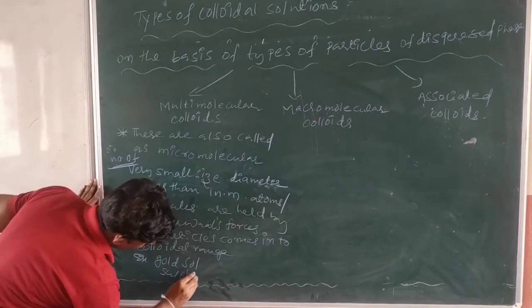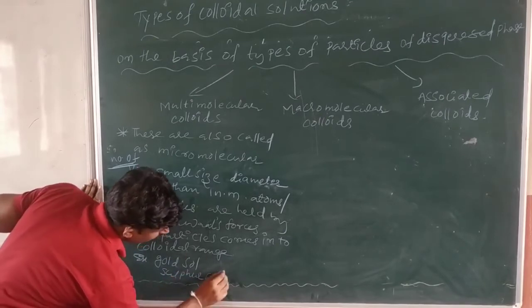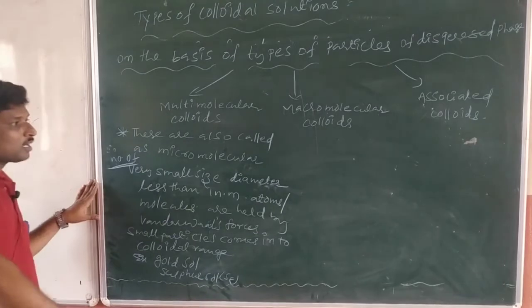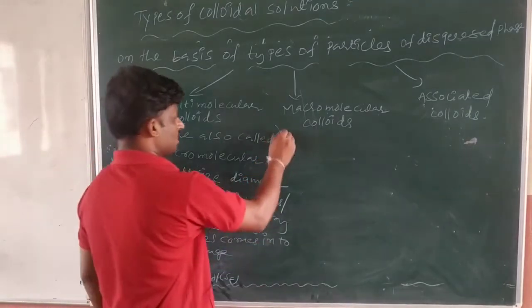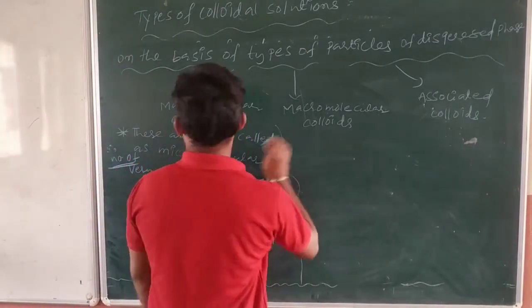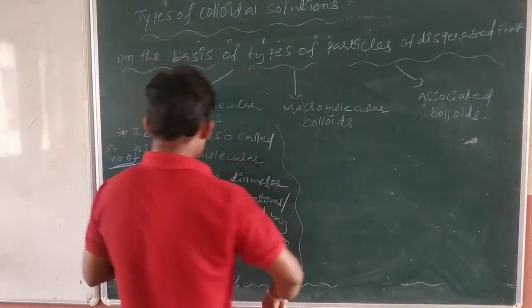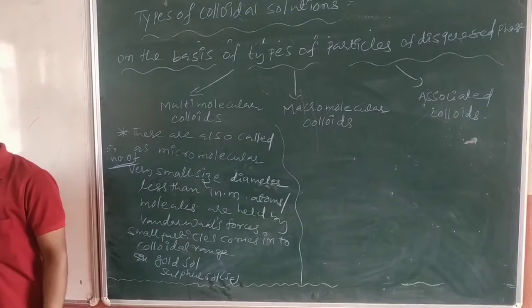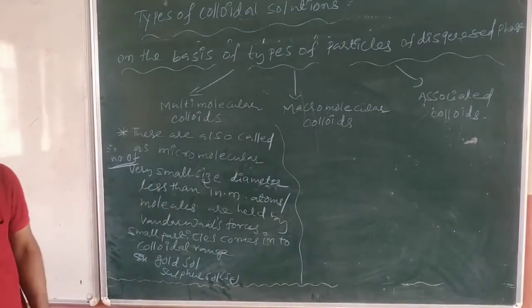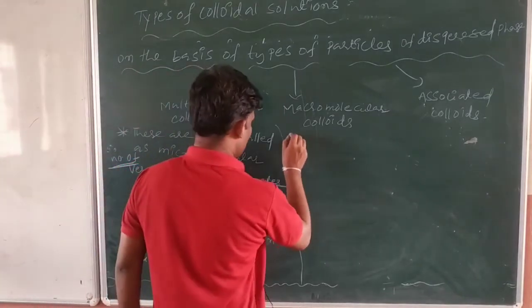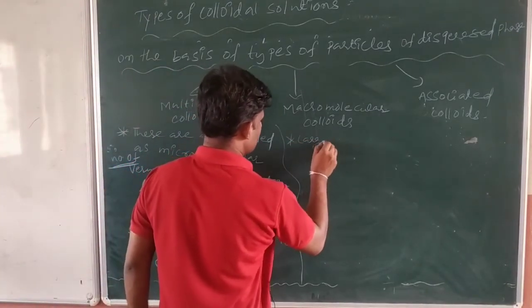Examples: in sulfur sol, a number of S8 molecules are participating. But in macromolecular colloids, it is not like that. Small sized particles are not participating. Here large sized particles come into the colloidal range.